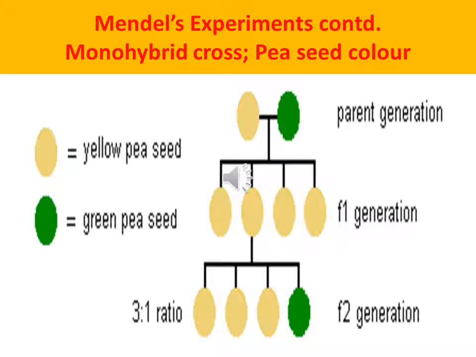We find out that on being crossed, all the F1 generation were yellow seeded plants, showing that yellow seed is dominant over green seed. Then when the F1 plants were allowed to crossbreed themselves, they produced both yellow and green seeded plants in the ratio of 3:1.